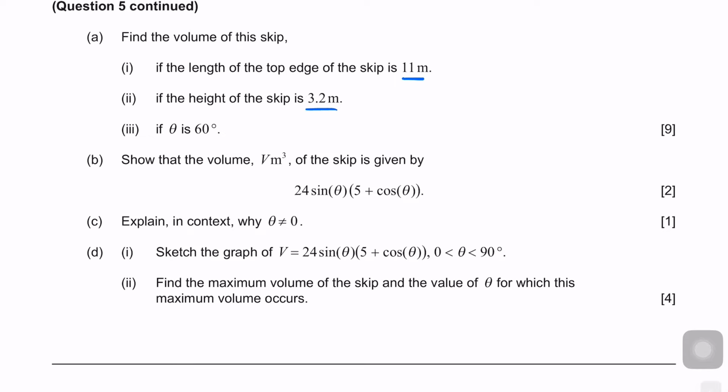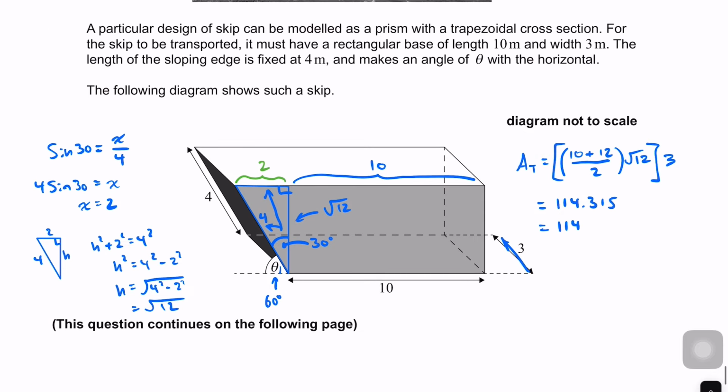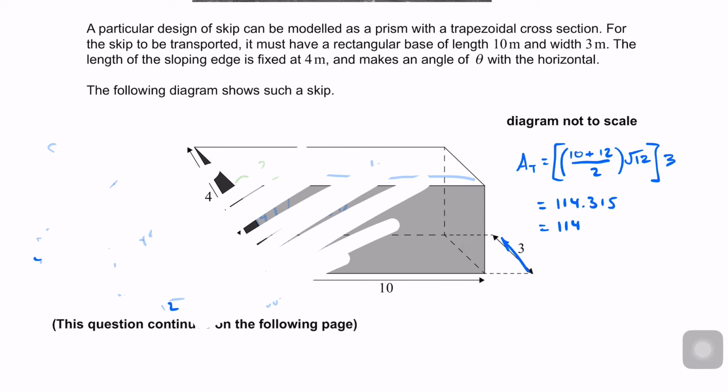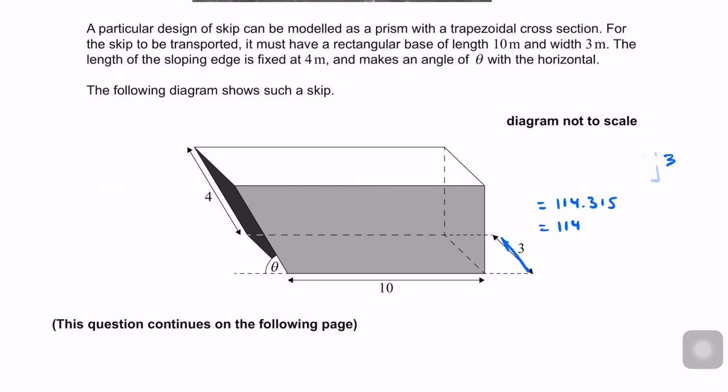5 marks to go. Explain in context why theta cannot equal 0. So let me just erase this real quick, just to hopefully give a better indication of what's happening here. So why can't theta be equal to 0? So this is theta right here, and this is theta increasing, and this is theta decreasing, and this is what theta would be if it was 0.